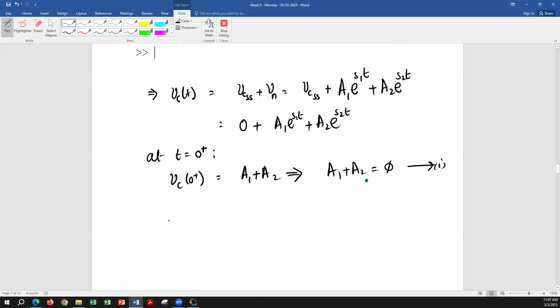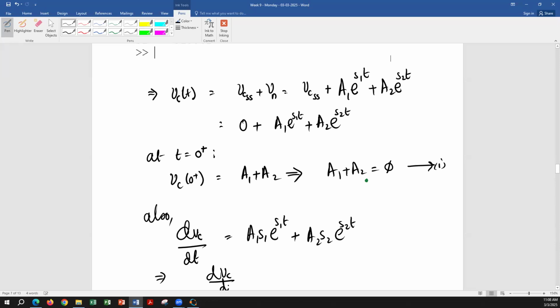Now we're going to take the derivative of this, and that will give us A1 S1 e to the power S1t plus A2 S2 e to the power S2t, which at 0 is going to give us A1 S1 plus A2 S2.